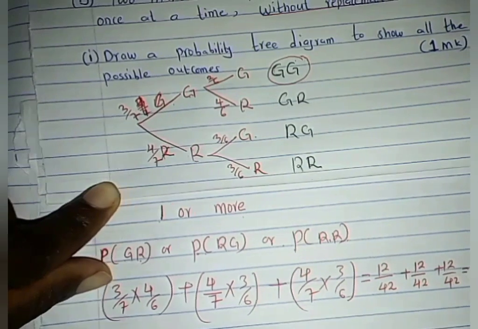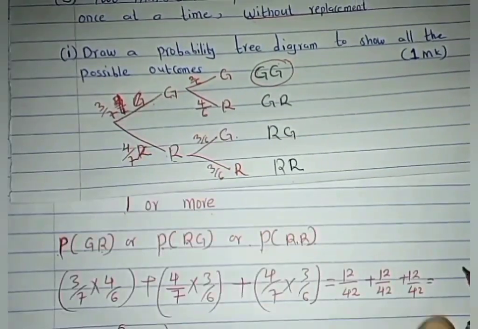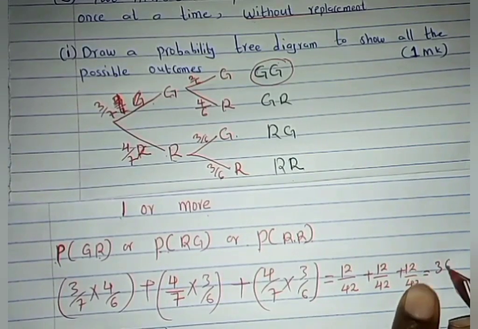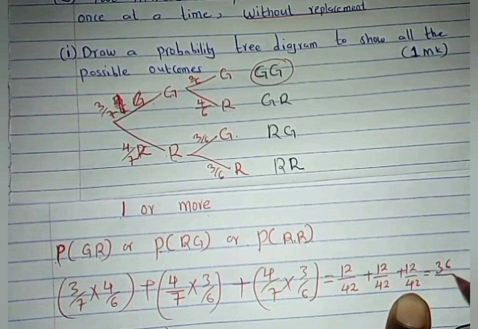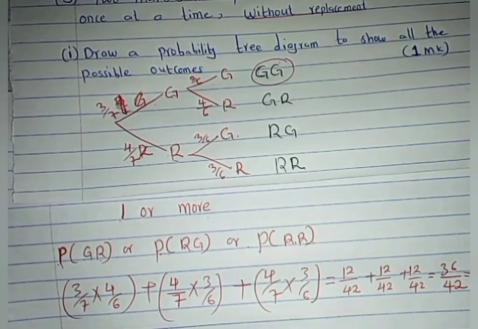You'll get 36 out of 42. If you simplify this by 6, it will be 6 out of 7.